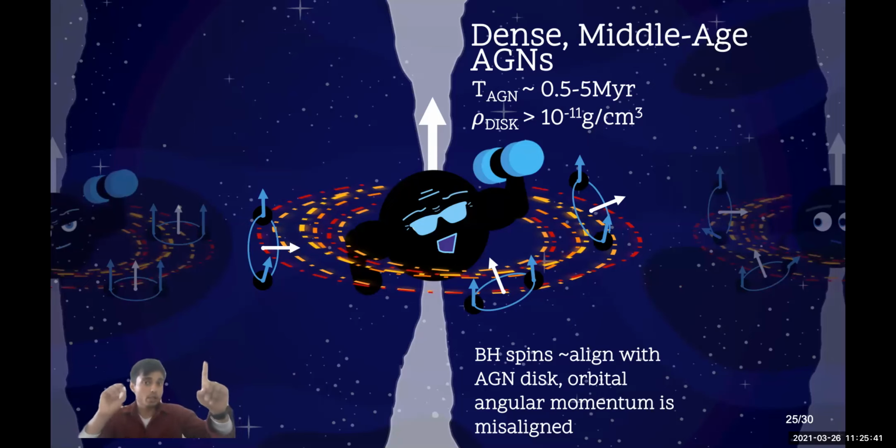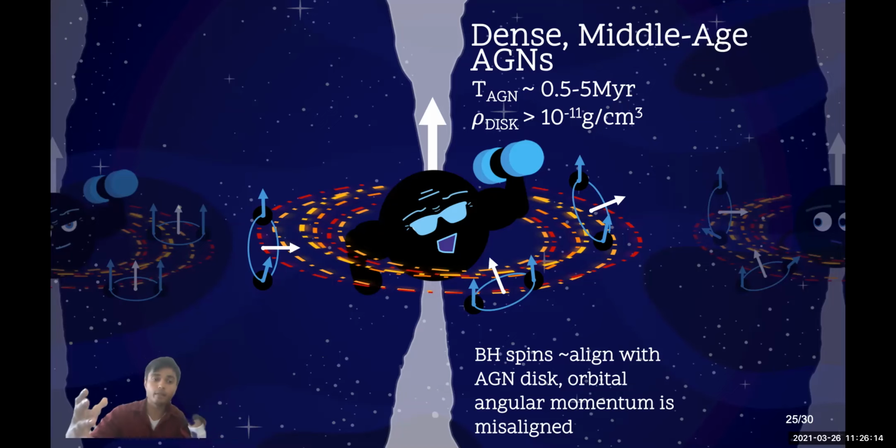But because you still have a lot of dynamic interactions, every time there's a dynamic interaction, the binary orbital angular momentum can get thrown off. So in a way, what happens is that you have your binary, right? And the third guy comes and disrupts the binary and it'll cause the angular momentum to get thrown around. And so you might end up having a binary that starts spiraling like this or like this. And so basically the component black holes are still pointing up, but the orbital angular momentum would point in random directions.